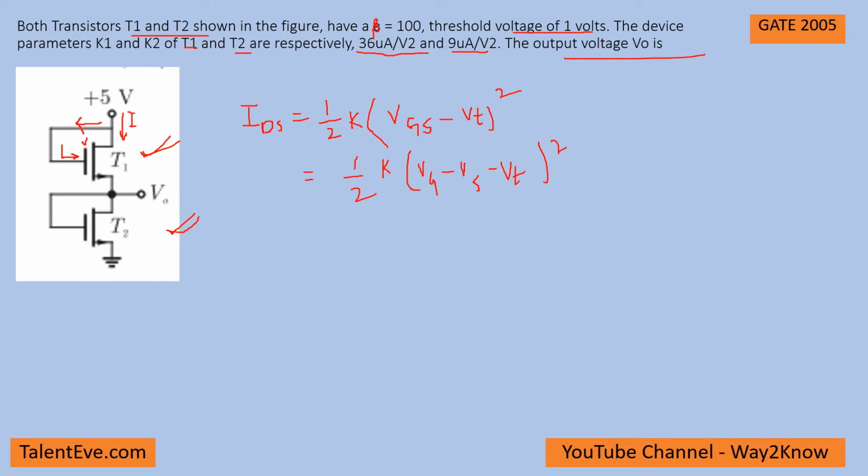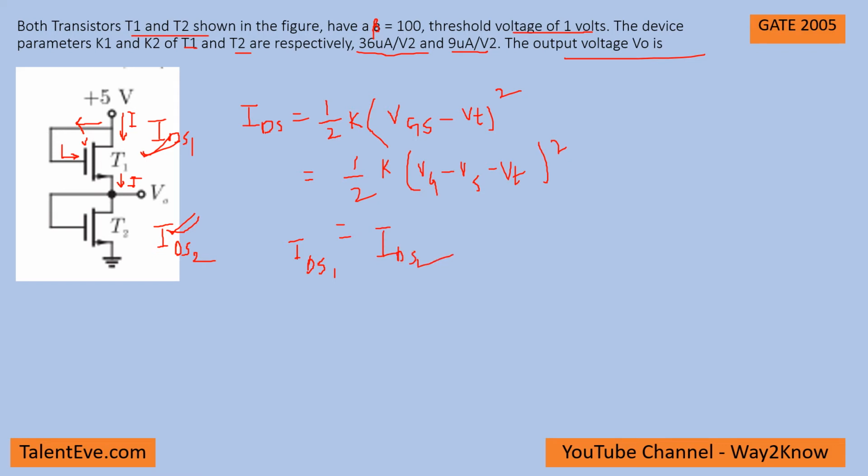So the I flows till here, right? And the same current flows through T2. So if you consider this as IDS1, then this would be IDS2, that means drain to source current. Considering that the gate current is very less, we can say IDS1 is equal to IDS2.